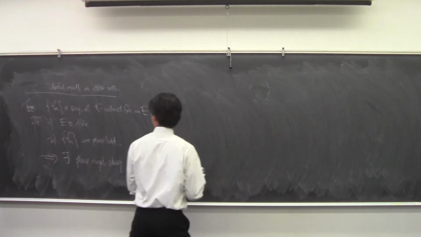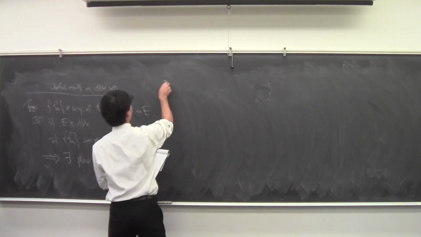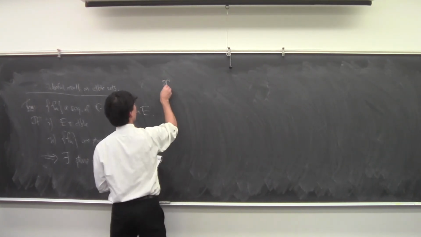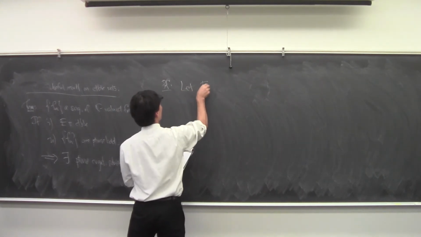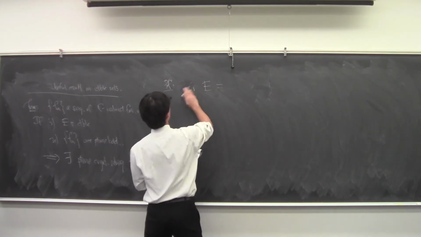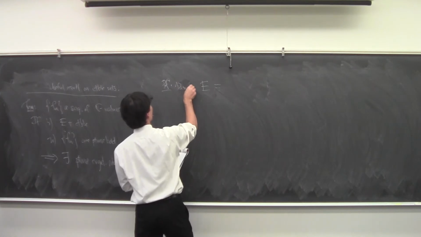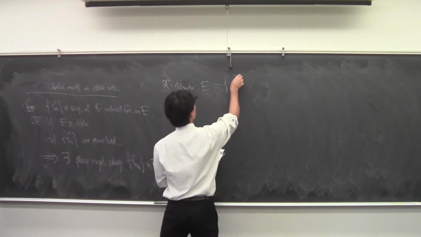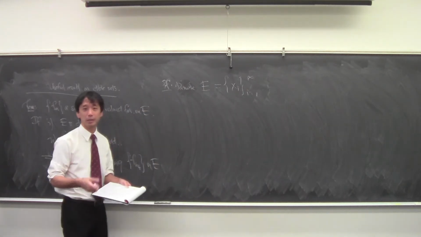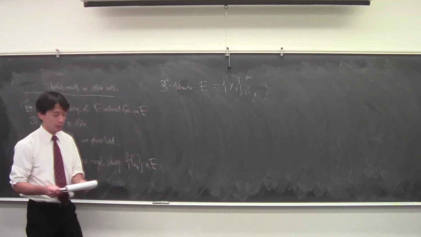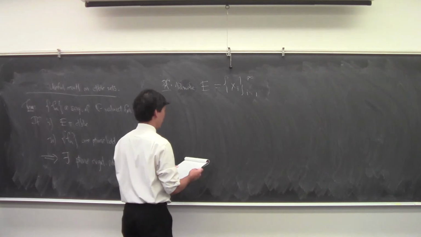So here's the idea. Let's denote E as a sequence of points xi from i = 1 to infinity. So let's give names to the points in this countable set.